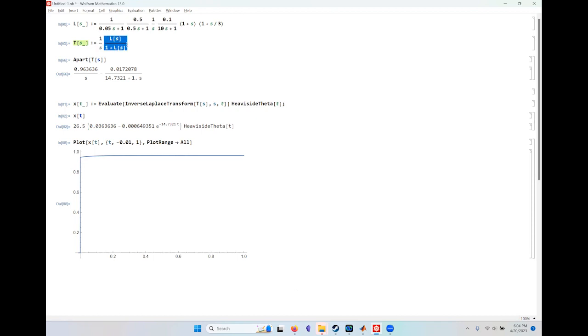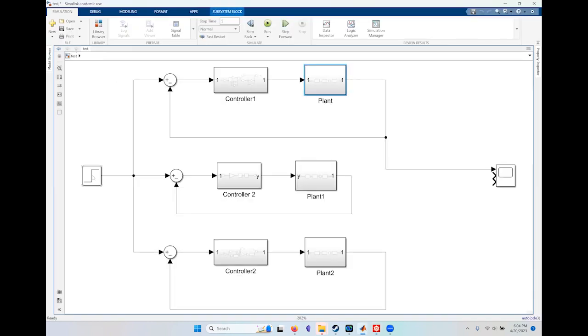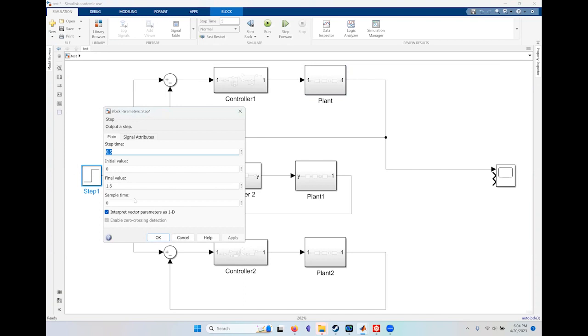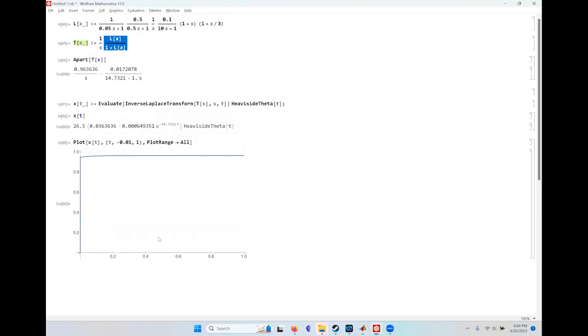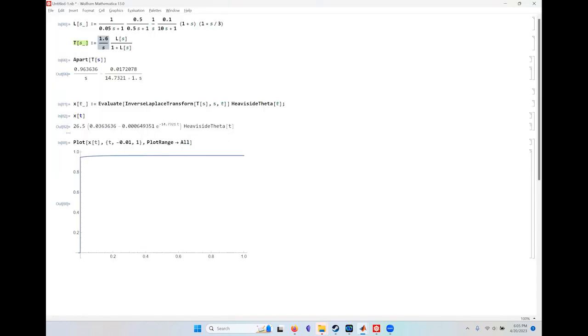So I take my closed loop transfer function and multiply it by the step function, and this should give me the transfer function of the output. So I took the open loop, got the closed loop from it, and multiplied it by the input. All of this is done analytically. When I do this, I get TS, and I can examine TS by itself.